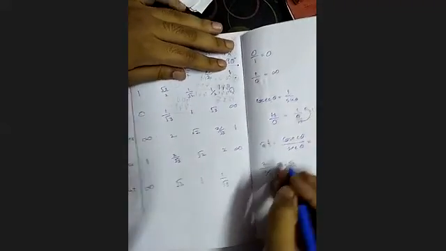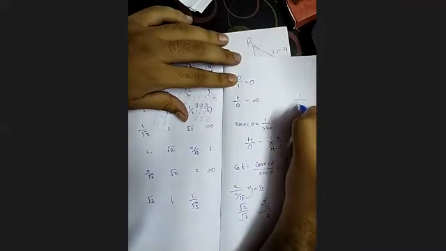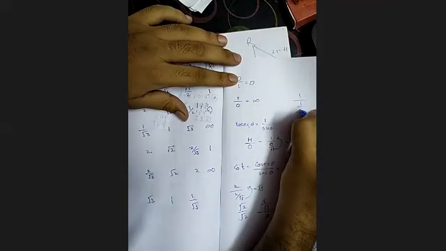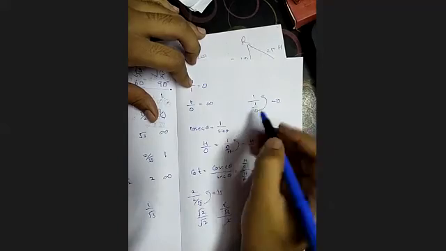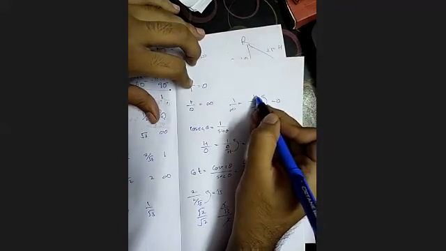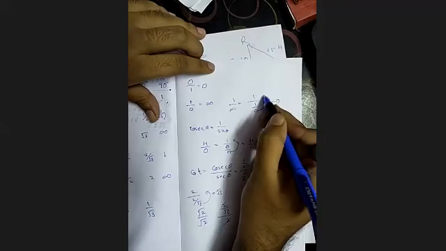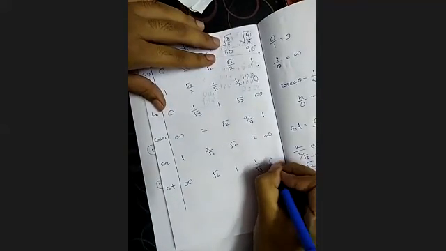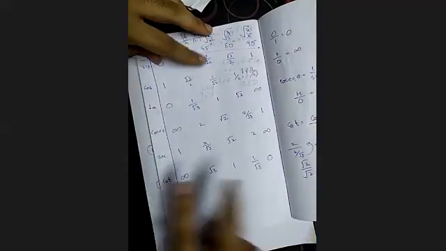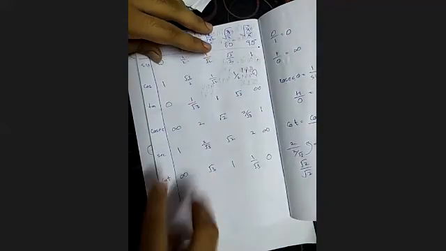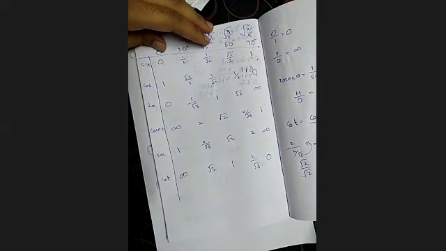Root 2 divided by root 2 will be 1. 2 divided by root 3 divided by 2 gives root 3. 1 by infinity can be written as 1 by 0, so it will be 0. For cot theta, you can take the reverse of tan theta.